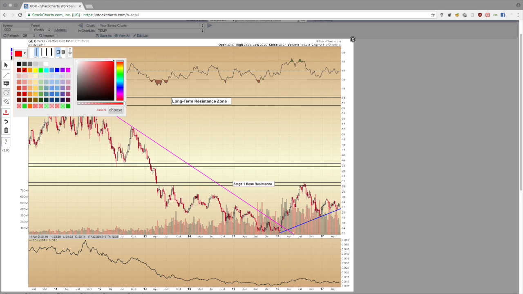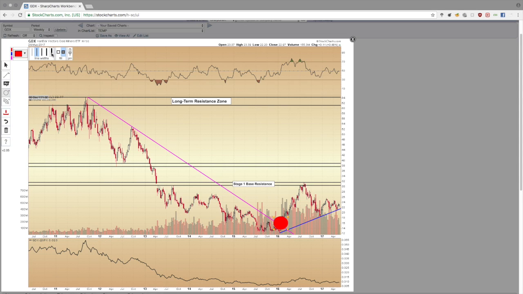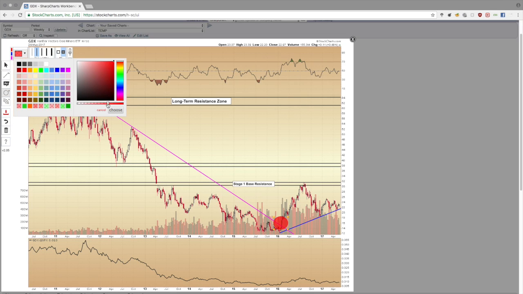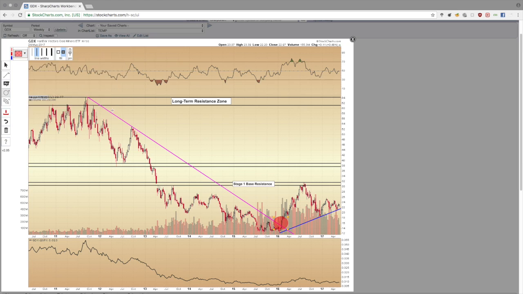We had a long-term trend line break. Can you see that? We're shading that right now. Long-term trend line break right in this region right here around 14.